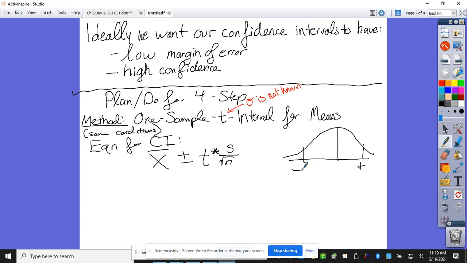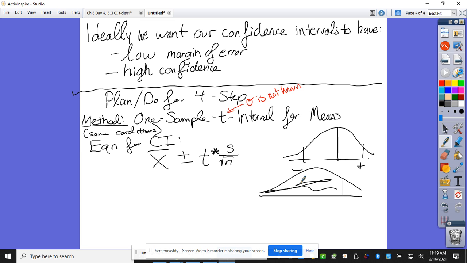So the star is saying we have one positive, one is negative. And some books use that and some books don't. Writing T by itself is fine, but eventually we start dealing with one-tailed stuff. So the star is essentially saying that it's like that and not like that. But I'm not gonna grade it to a star or something. So it's like X bar plus or minus T, positive or negative.